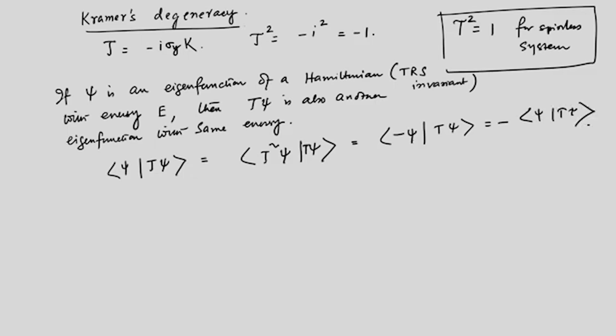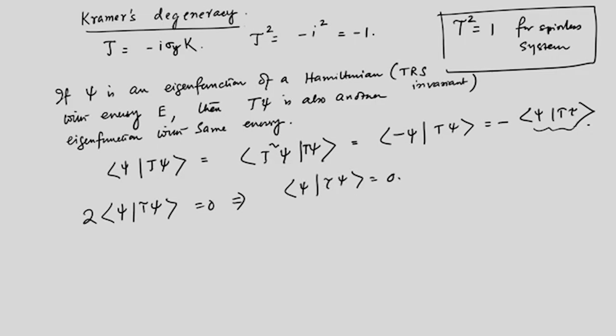And now this cannot be possible unless psi and T psi is equal to 0, because if you take the last term on this side, then it becomes twice of this, and 2 cannot be 0. So, psi and T psi are orthogonal.